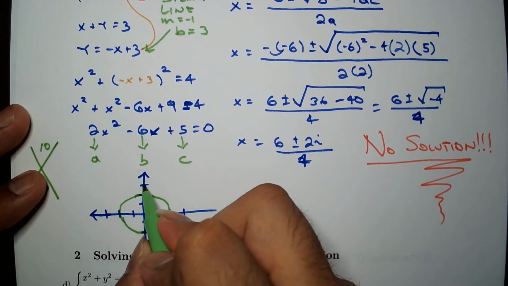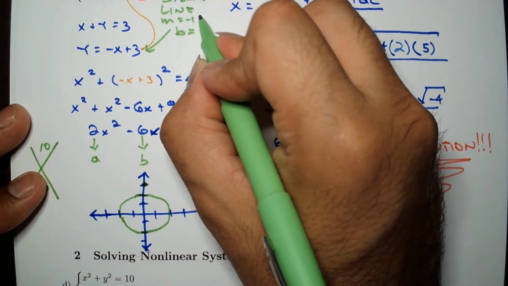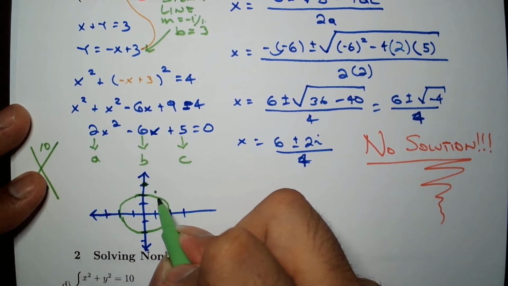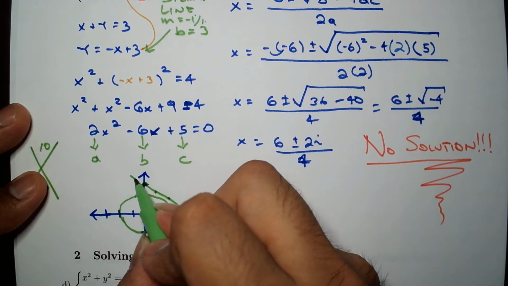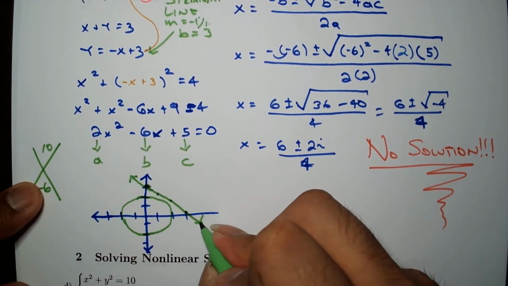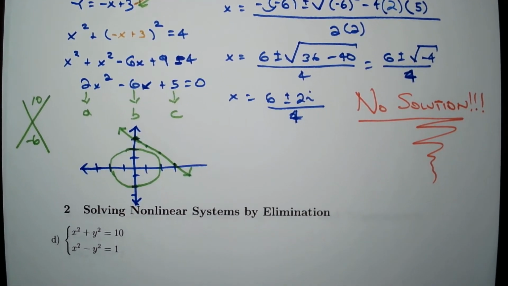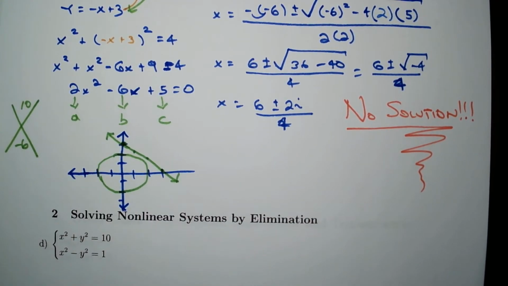So we're going to go to the y-intercept, which is 3, and then the slope negative 1 over 1, rise over 1, or go 1 unit down, 1 over, like this, and it's actually not even going to touch the circle at all, as we can see from the picture. So that's what it means when a nonlinear system has no solution. That means the graphs defined by these equations do not have any intersection points.